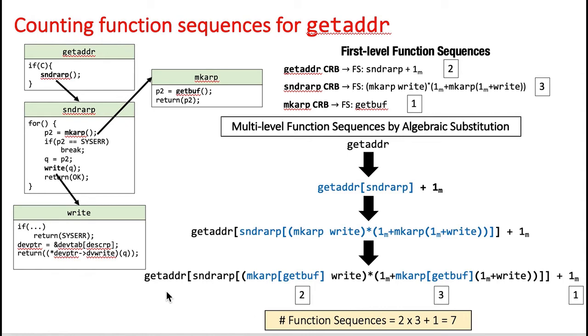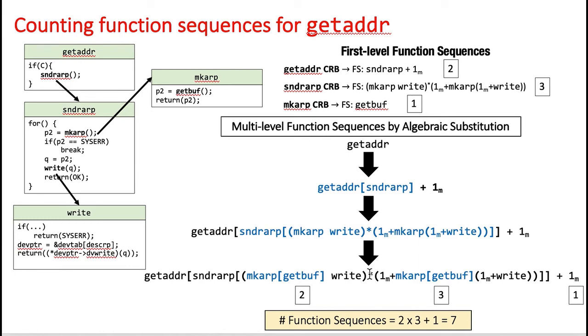Now if we count the number of multi-level function sequences for getAddr from the algebra, we can see that there are 3 terms here, and so the number of function sequences that will be generated is 3, and this is a loop here, and as we mentioned earlier, when it is a loop, we count it as two.